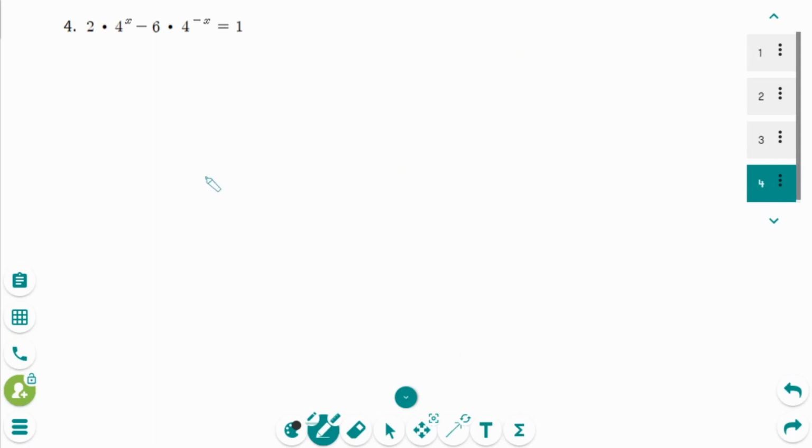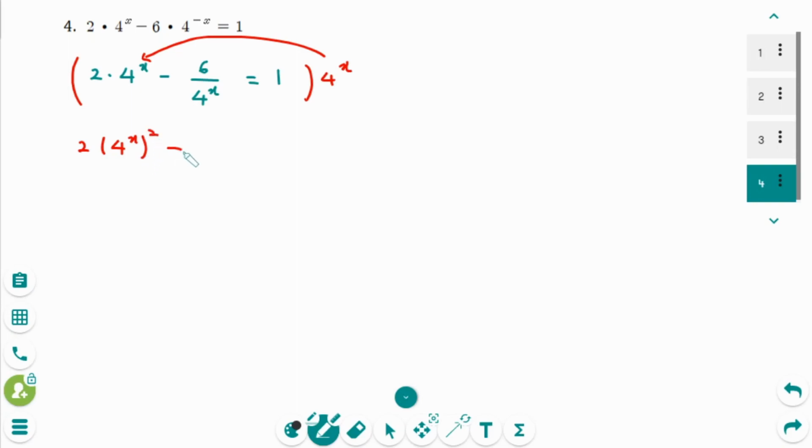Number 4, make a positive exponent. 2 times 4 to the power of x minus 6 over 4 to the power of x equals 1. Times 4 to the power of x on each side: 2 times 4 to the power of x squared minus 6 equals 4 to the power of x.